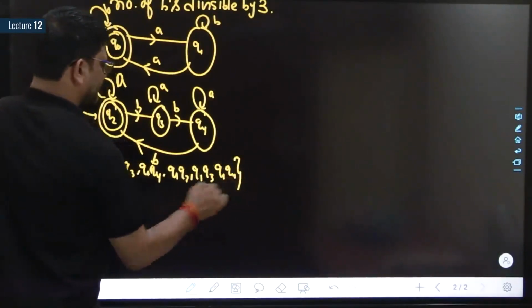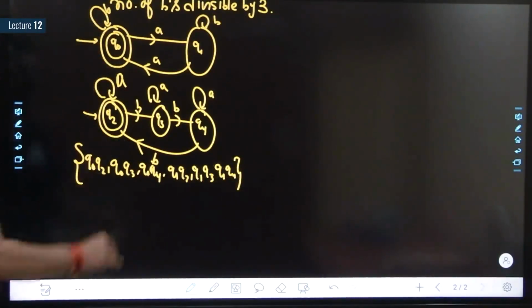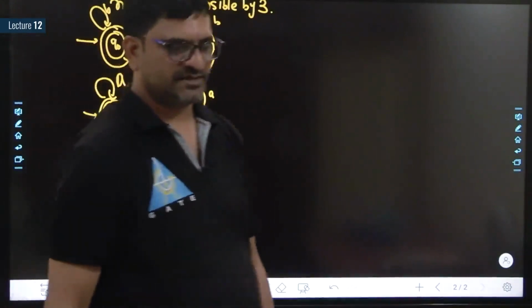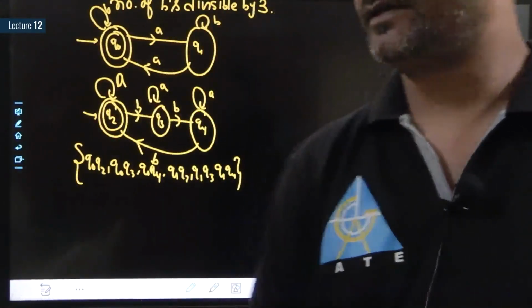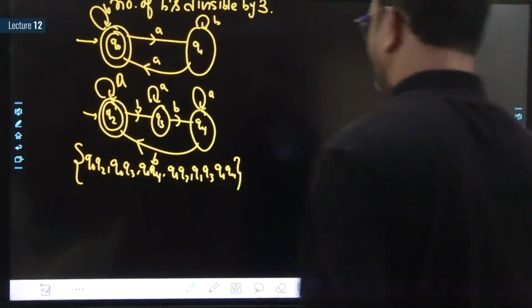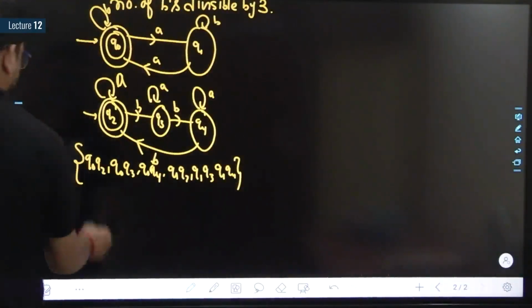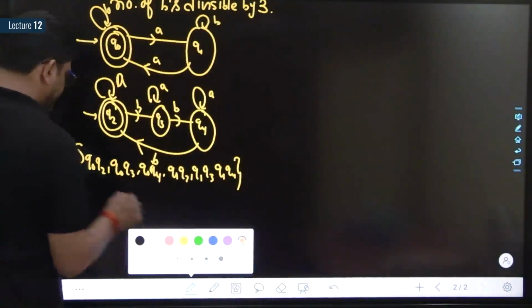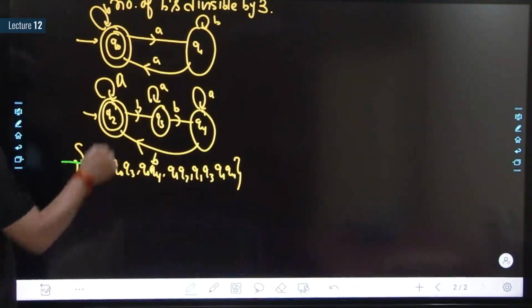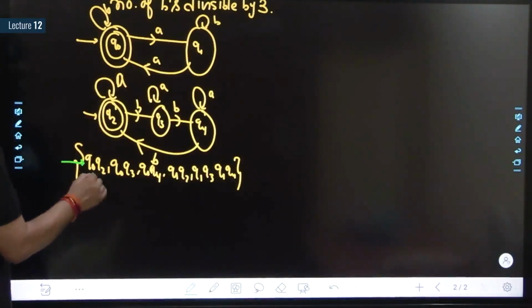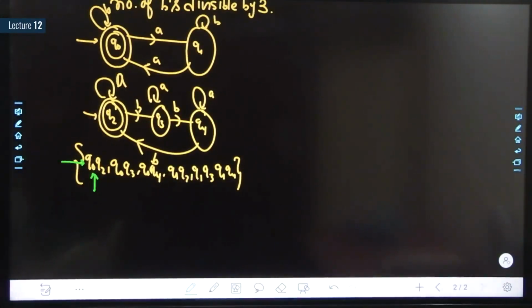These are the states in the compound DFA. Clear? This is the initial state and this is also final for the given question. Clear? Are you getting my point?